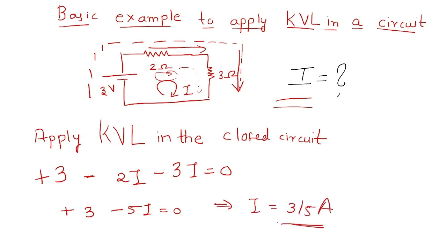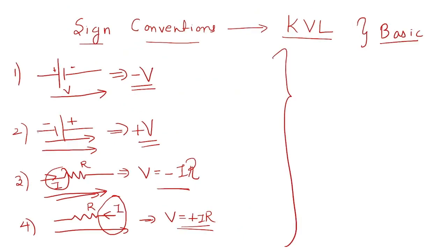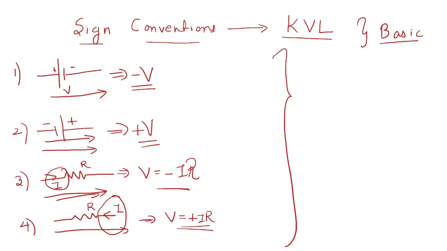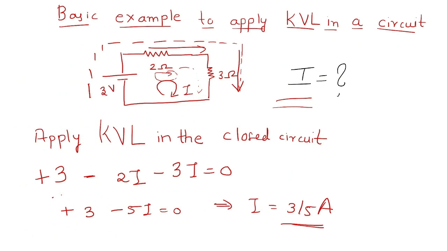Please make a note of this thing. I know it's a very simple kind of question, but this simple question will make you clear of the concept that we have learned theoretically. So what did we learn? When I am moving from the negative to the positive, I'll have plus V as I mentioned over here. So we have plus 3 volt.